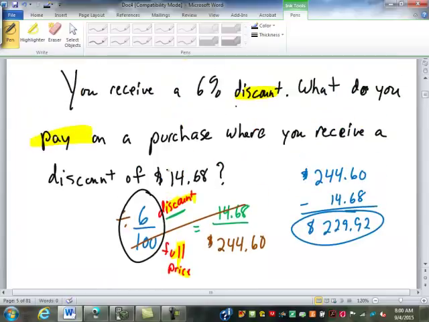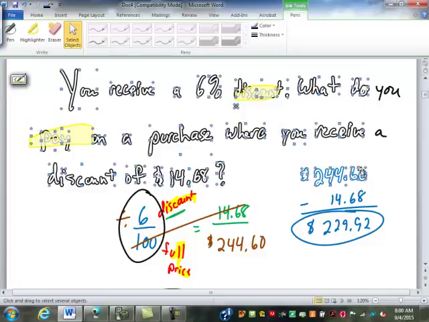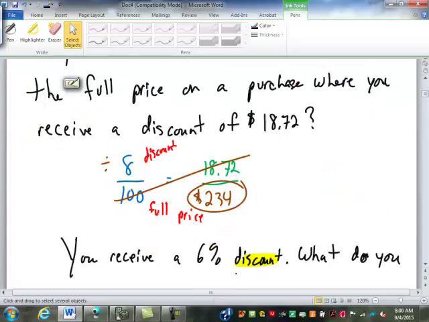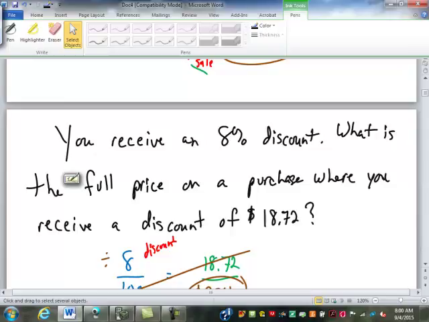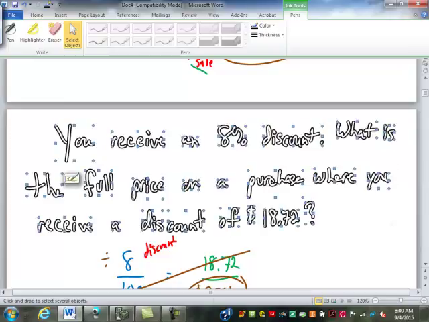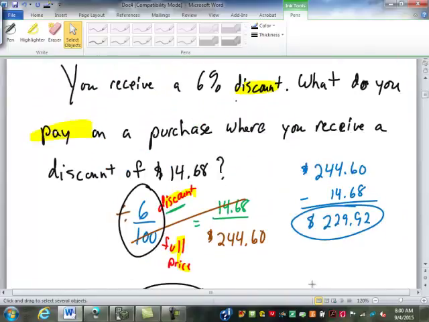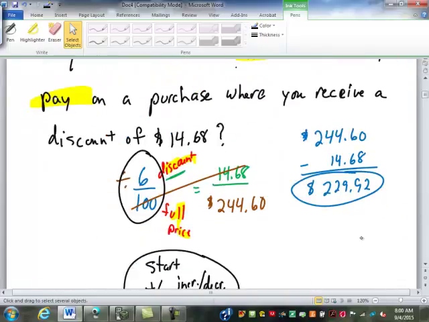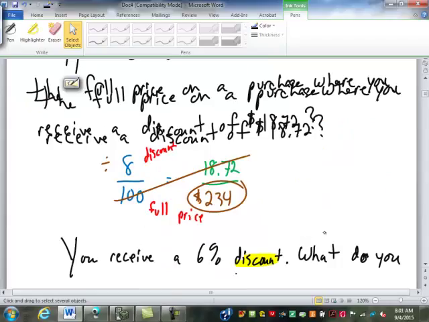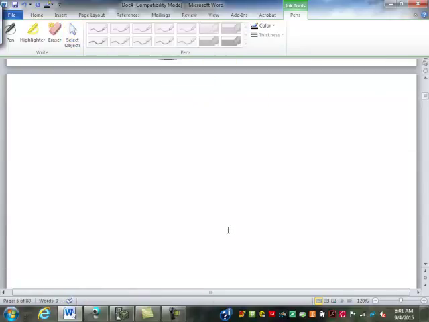For this particular problem, it would look something like this. Oops, that's the wrong problem. Oh well, we'll just rewrite it. How's that?